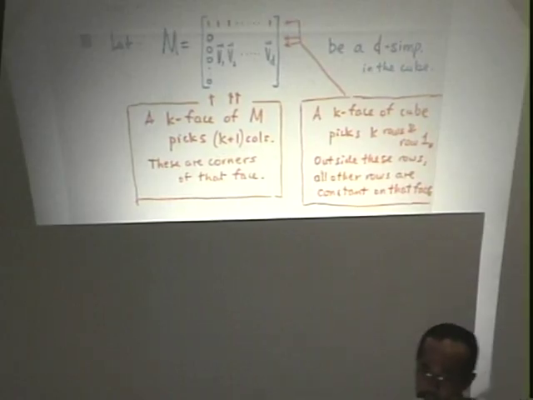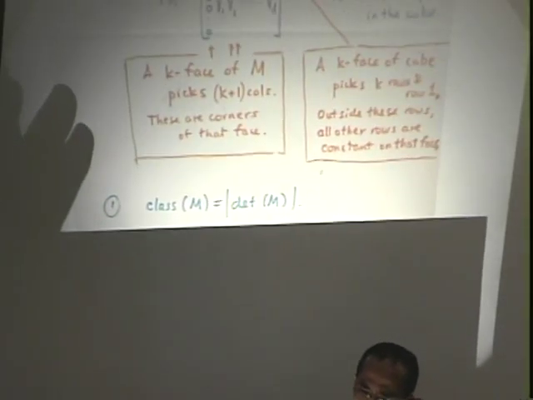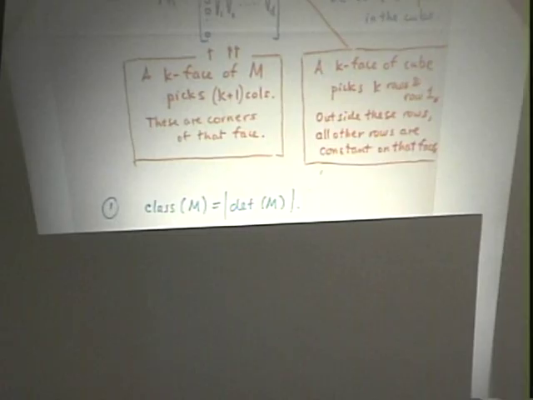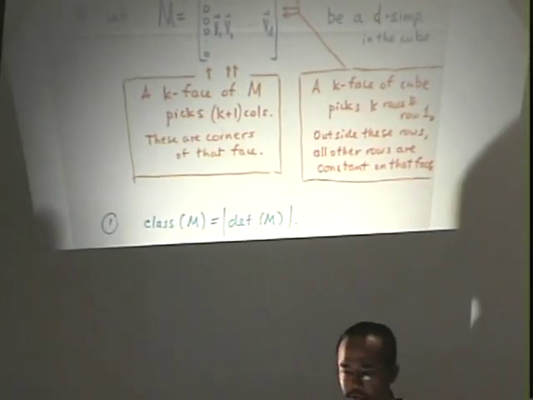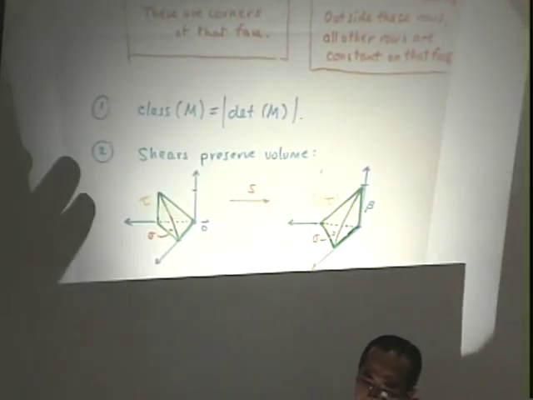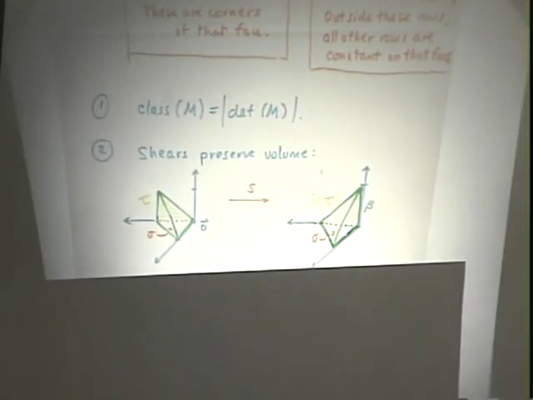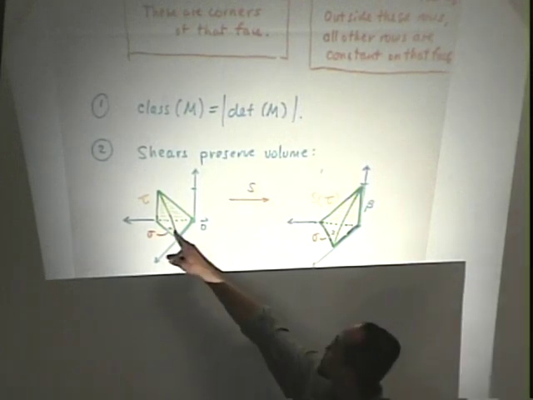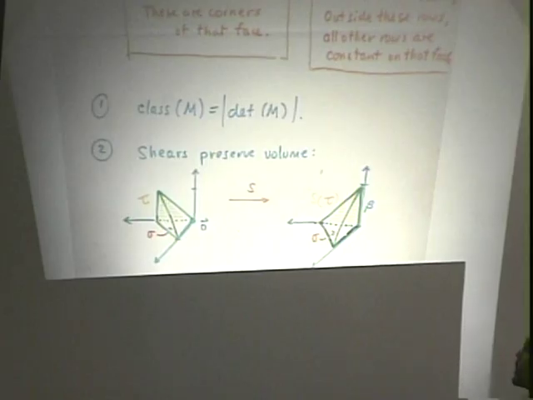And the basic idea is to use some linear algebra to understand what's happening if I want to figure out what the function f is doing. I know what the volume is. It's a determinant. And this idea that we noticed is that shears preserve volume. So if I have a simplex with a certain base and I shear it, it doesn't change the volume. Okay?